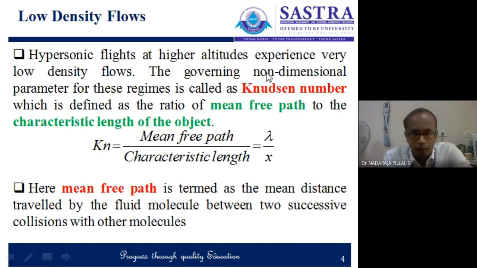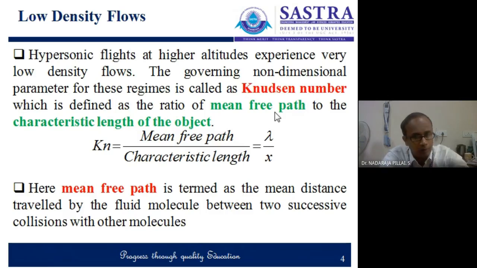Knudsen number is defined as the ratio of mean free path to the characteristic length of the object. We know Reynolds number, Mach number, Prandtl number, and so on.